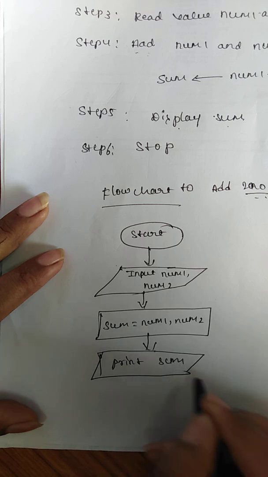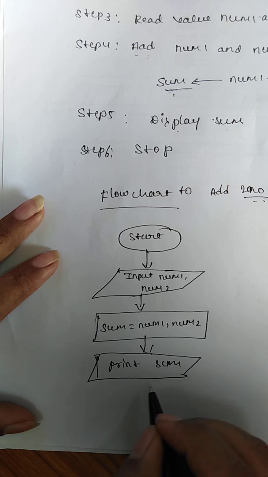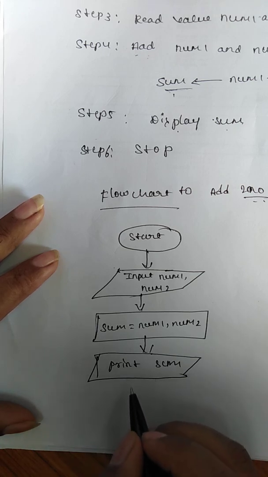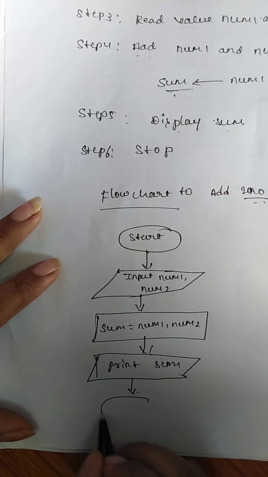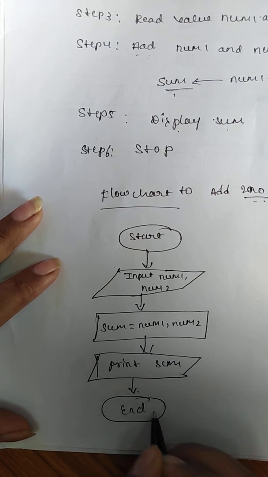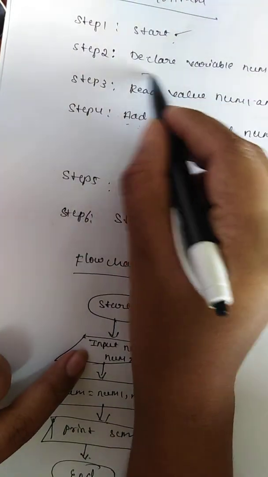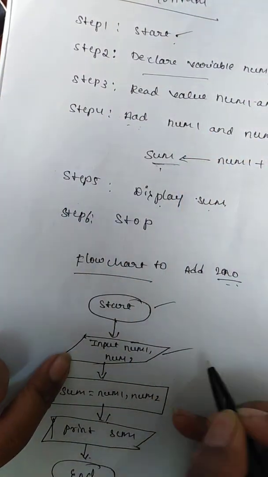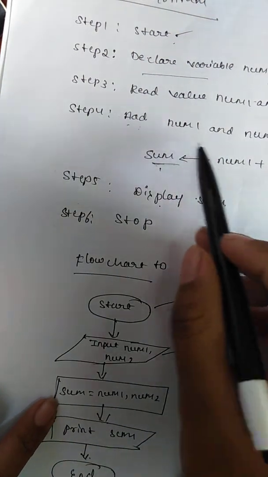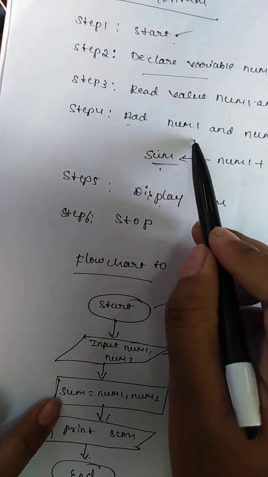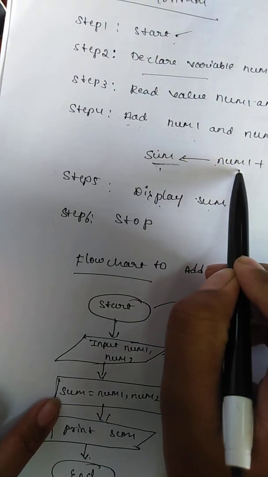It means step 4 is represented here: print sum. Then we end the program. See it now. First we start the program, second we declare, third we read, then in step 4 we initialize or declare the value here.